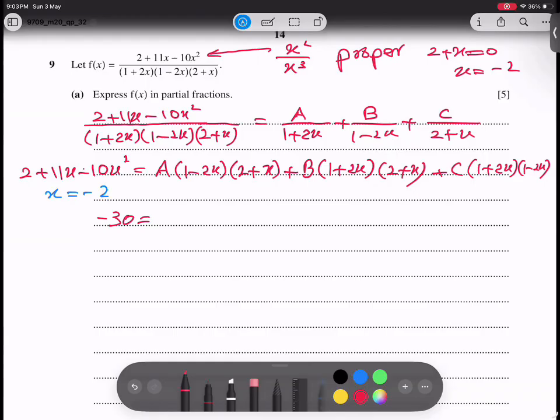When I plug in negative 2 here, this I have taken as 0, so the whole is 0. Negative 2 in here and here, I get negative 3 in the bracket and a 5. Then finally the C value becomes 30 over 15, I got 2. I hope this part is clear, and we have got the C value 2.